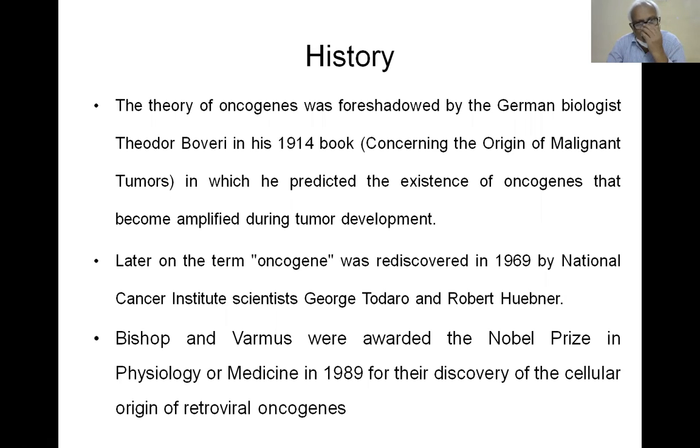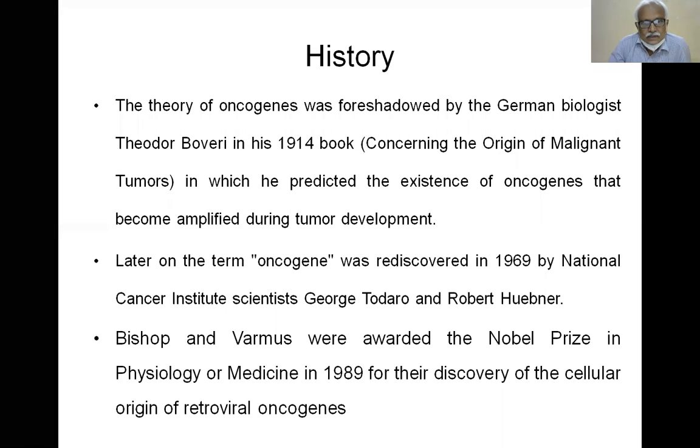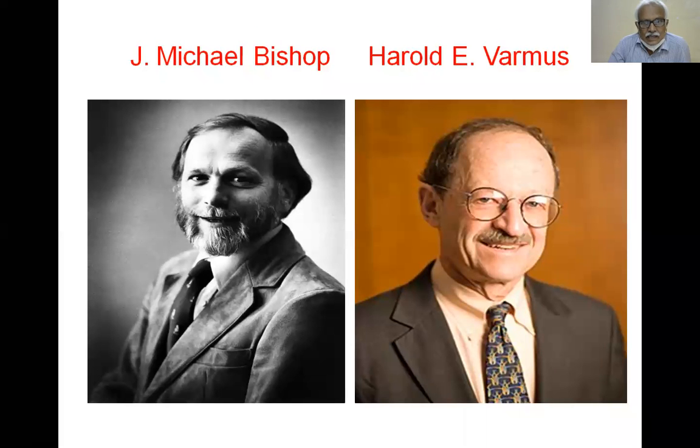This type of positive history will give you a good example of how to come out in life. These are the great people, J. Michael Bishop and Harold E. Varmus. You see their faces, how nicely they are contented in their life.